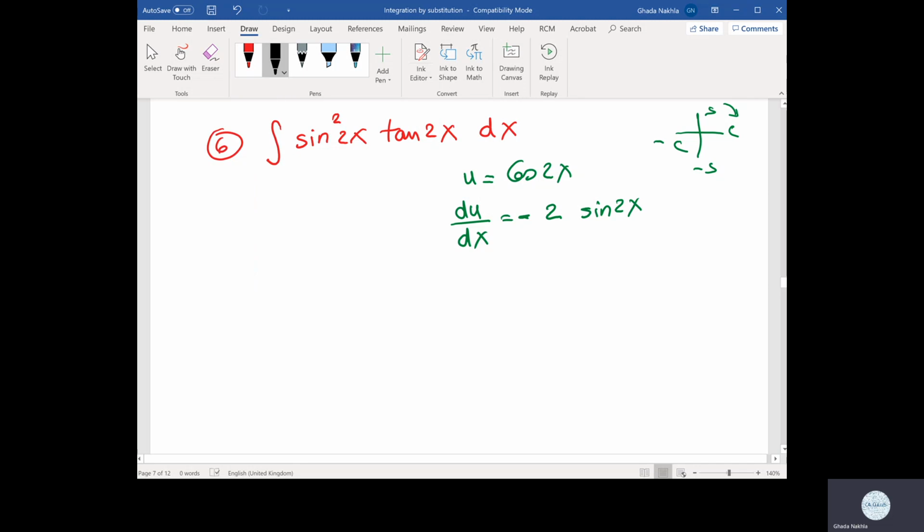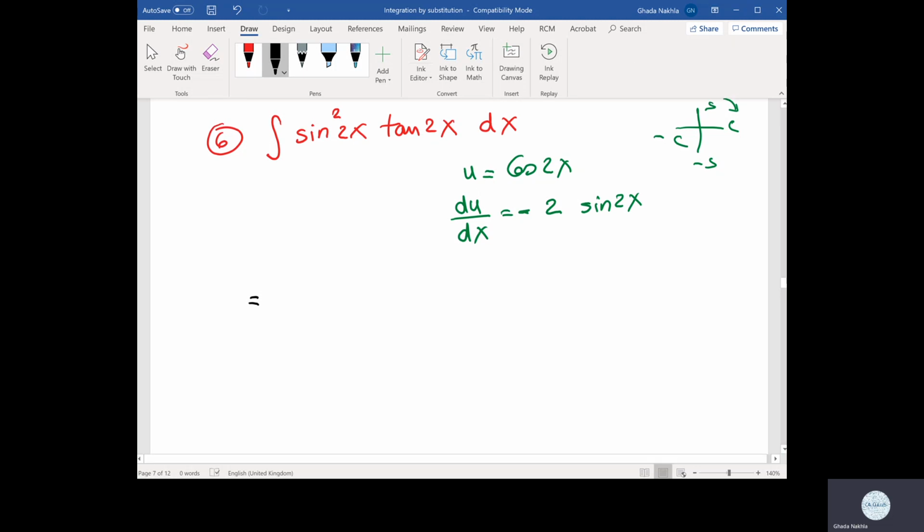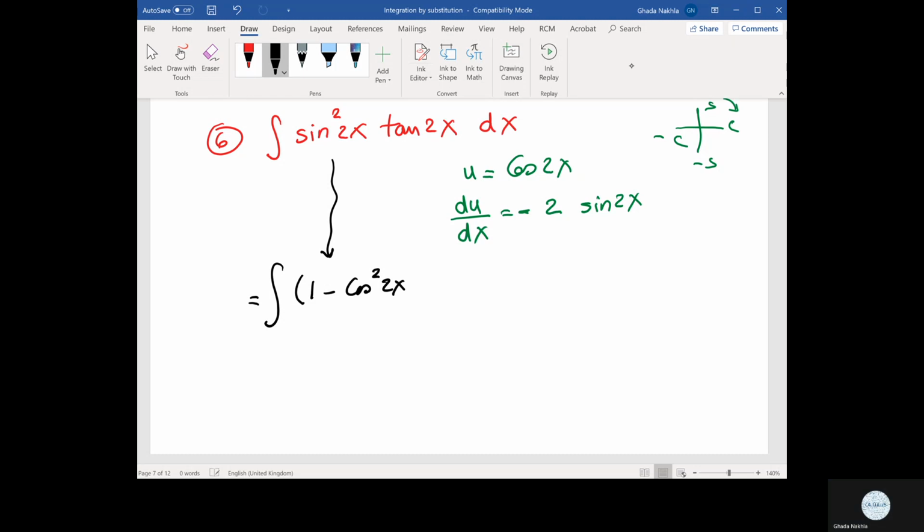Now, before we do that, can we make things simple? Let's think about it. Sine squared, I know that sine squared 2x will be 1 minus cos squared 2x.